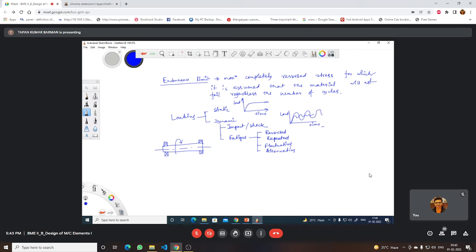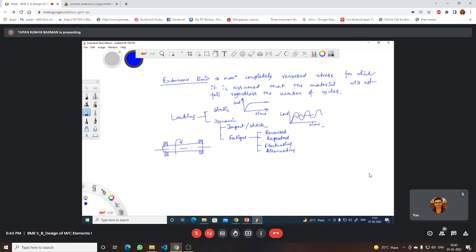Since the failure is total failure, you have to design the component more cautiously. So simply increasing the factor of safety will not work here for fatigue loading. Here we try to design the component with another material property.